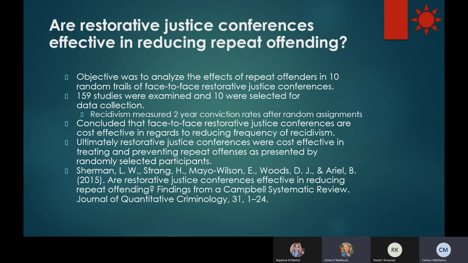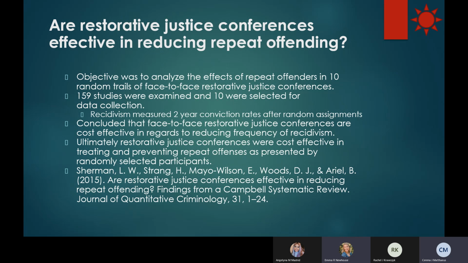My second article that I had is called Are Restorative Justice Conferences Effective in Reducing Repeat Offending? So the objective of this study was to analyze the effects on repeat offenders in 10 random trials of face-to-face restorative justice conferencing. So the researchers analyzed 159 studies and 10 were selected for this data collection due to the recidivism measured at 2 years after conviction rates for the random assignment.